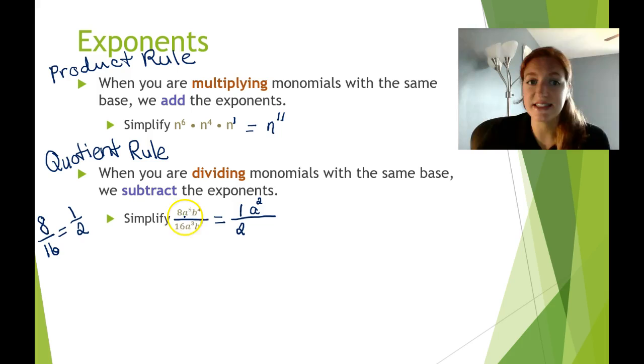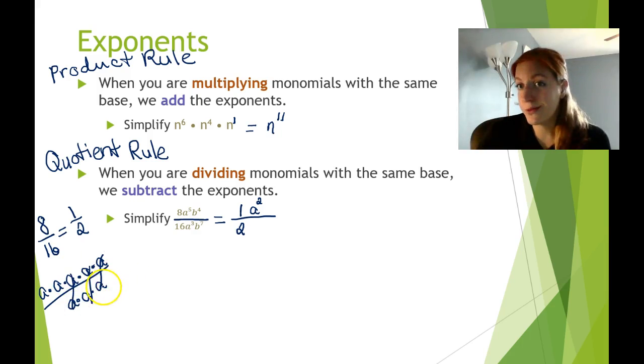You can also think of it as a to the 5th, with 5 a's on top, and a to the 3rd, with 3 a's on the bottom. How many a's do we cancel? 3. That means a squared is left on the top. That's another way to think about it if you write it out the longhand way.